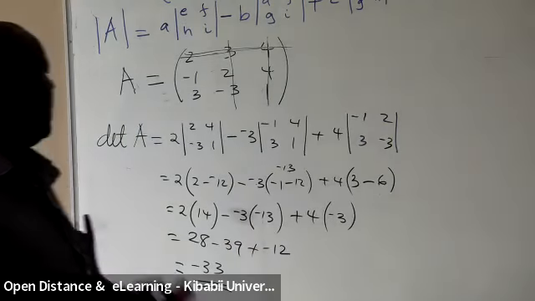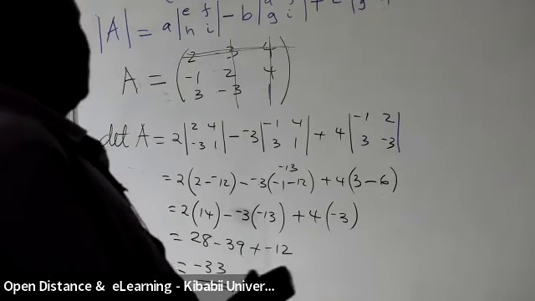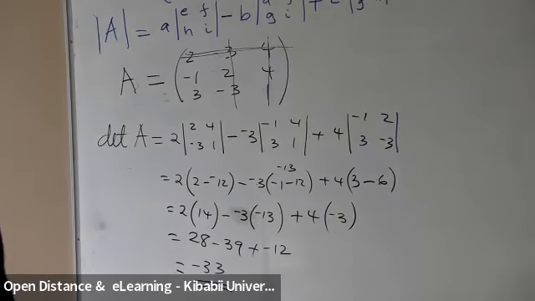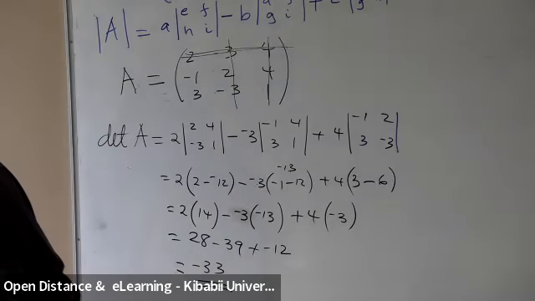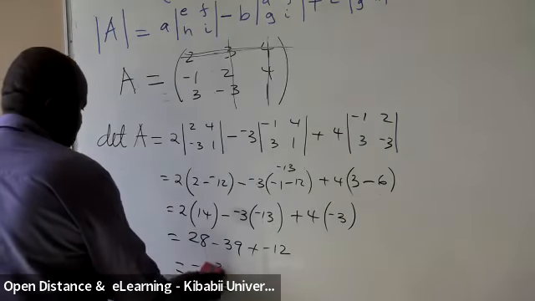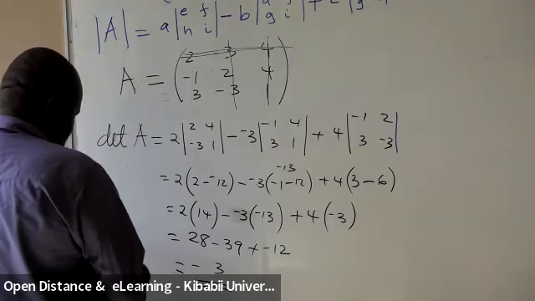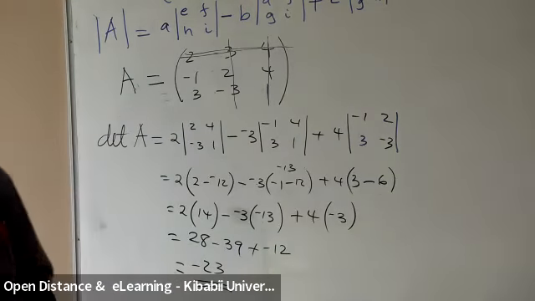This is by row reduction. Students are saying it's -23. Negative 23. Now this gives us -23, yeah. Negative 23 sorted.